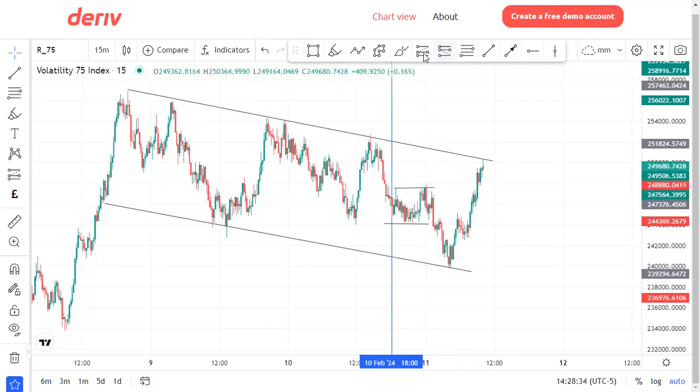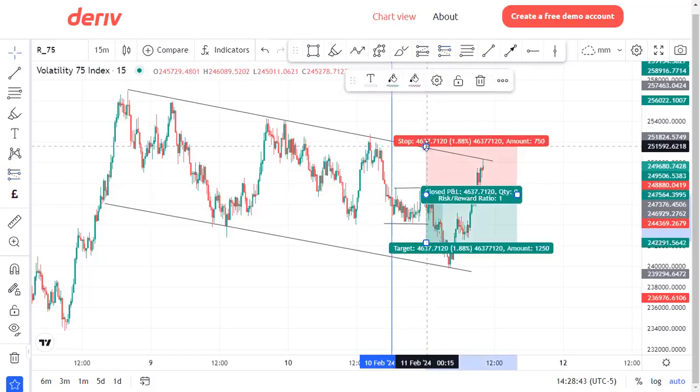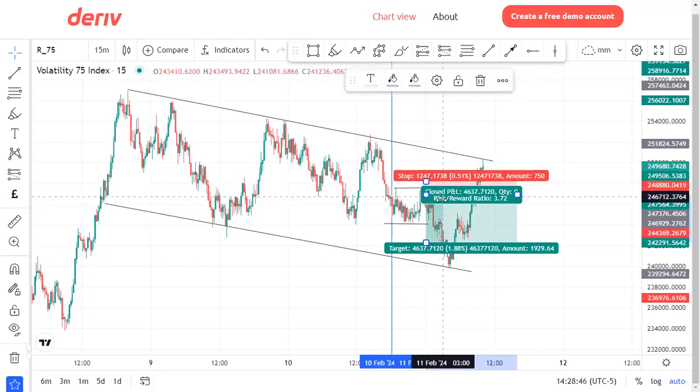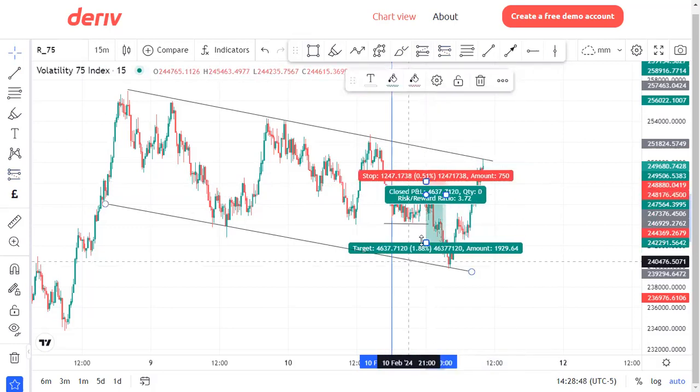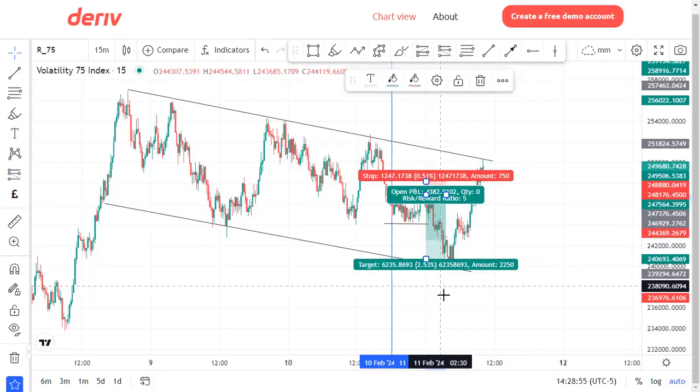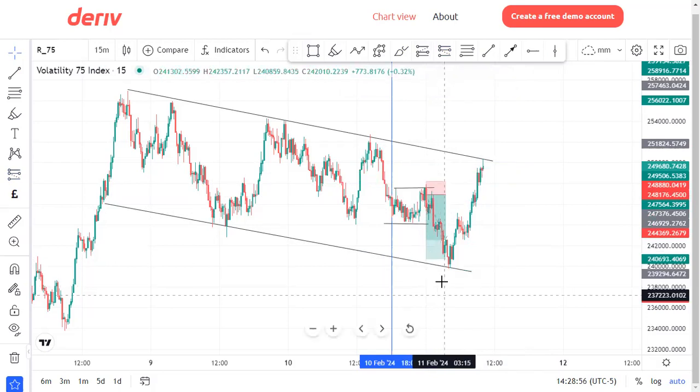So what I did when I saw this, I waited for this to come back, I went to the smaller time frames. I got this trade around here. Then I targeted this trend line because it was only a trend line. So I targeted this trend line.